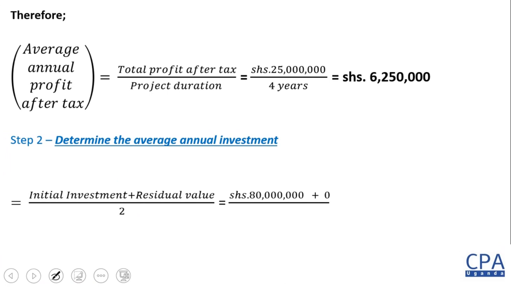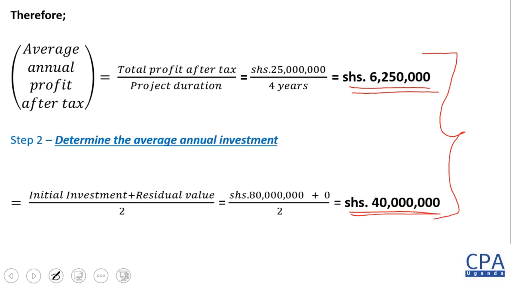What is my residual value? That is 0. Divided by 2, that gives us the average annual investment. You can try with your calculators and see whether what I'm getting is equivalent to what you have. All right. This gives us 40 million. And these are my 2 figures that I'm going to feed into my accounting rate of return formula.